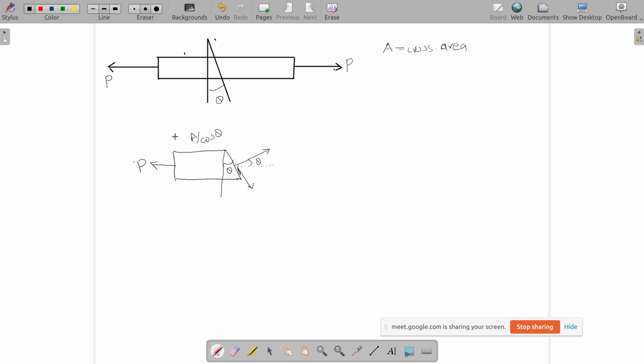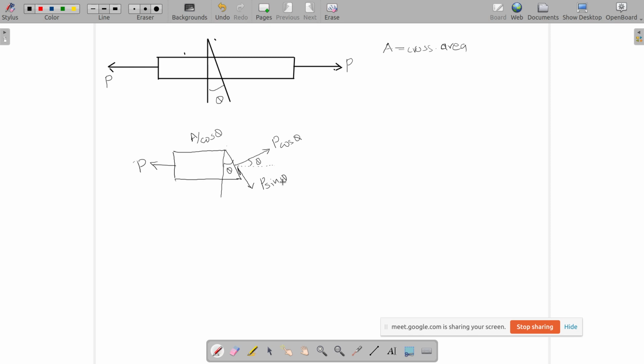So if this is P here, the resultant of these two must be P, which means this should be P cos theta, and this value should be P sin theta.